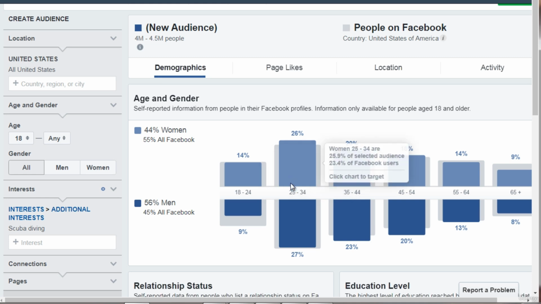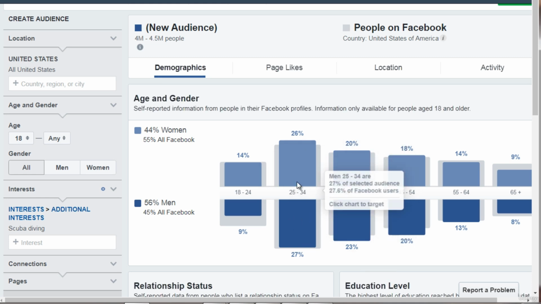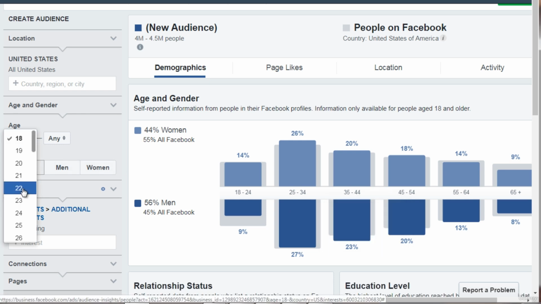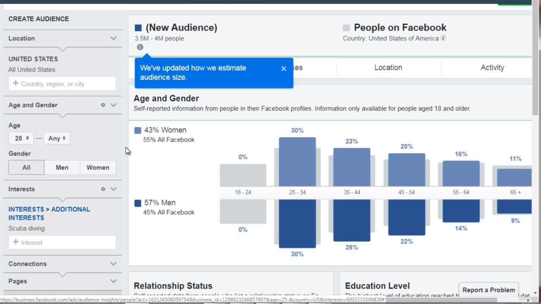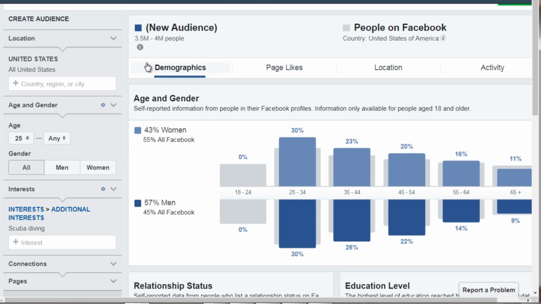Now, like I said, we see 25 to 34 as the age. So what I'm going to do is start at 25, like so. We can get an idea that this is the majority, and then it sinks down here.